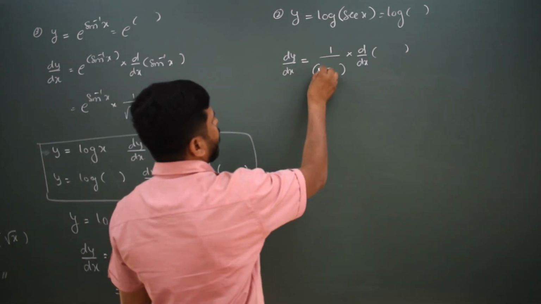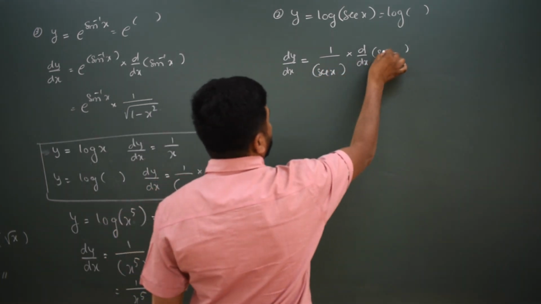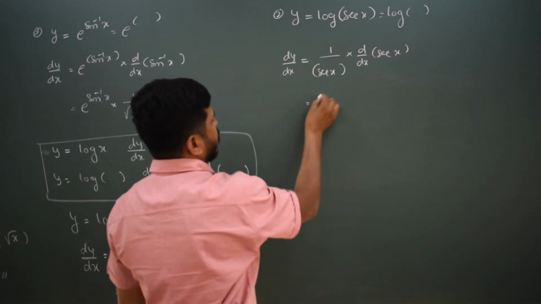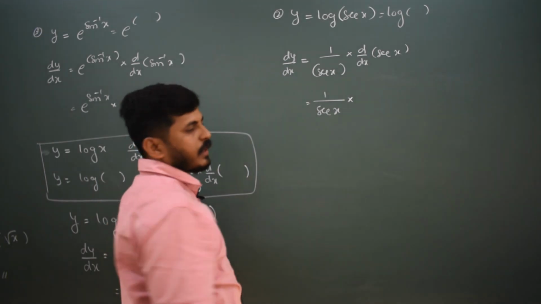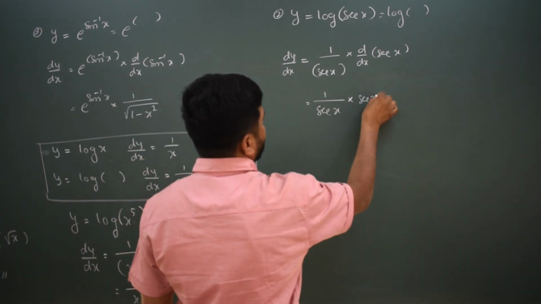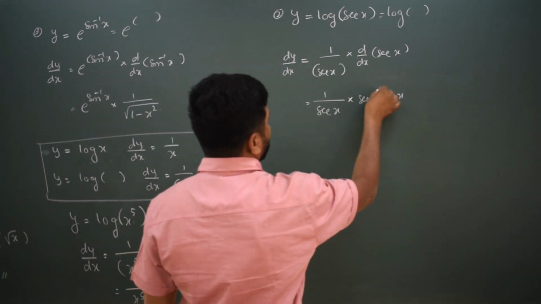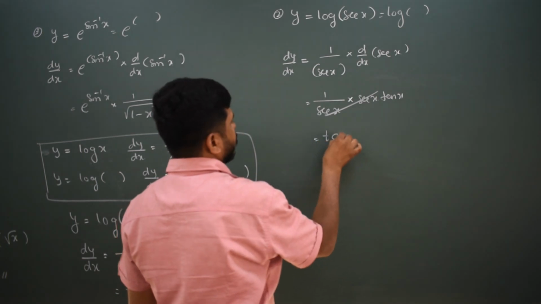What is something there? Secant x. That's equal to 1 by secant x into differentiation of secant x, which is secant x into tan x. Cancel. That's equal to tan x.